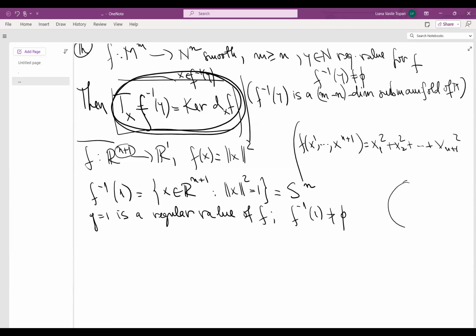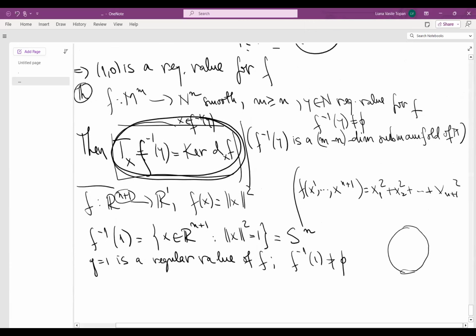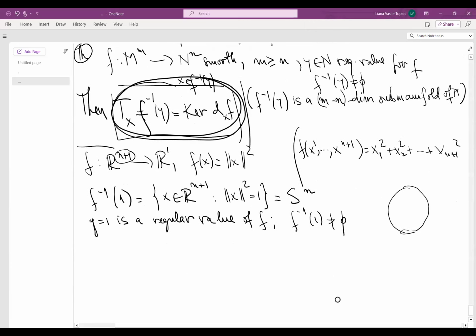Okay, so we have the sphere. We want to take a point on the sphere and find the equation of the tangent space at this point, right?